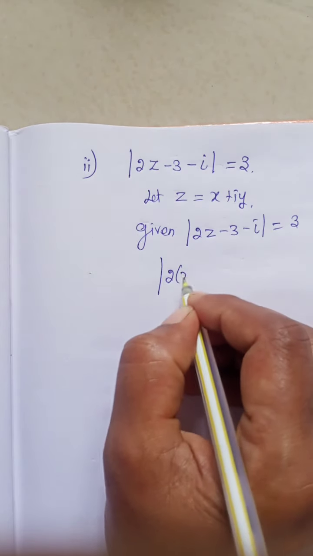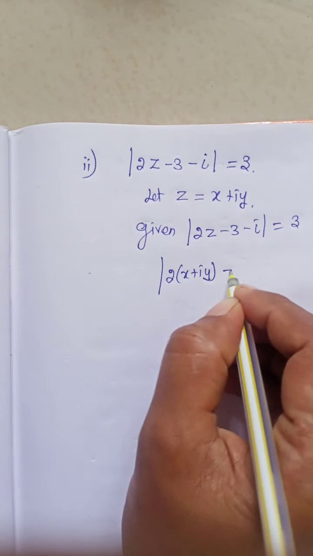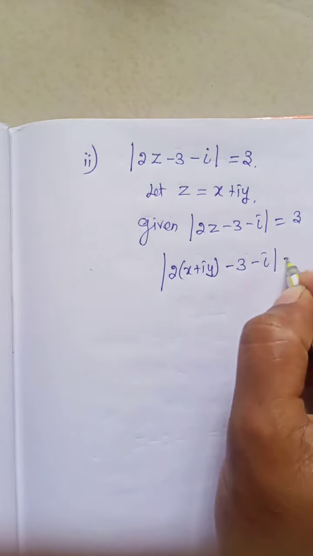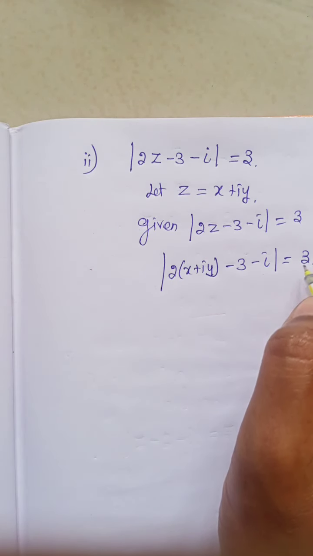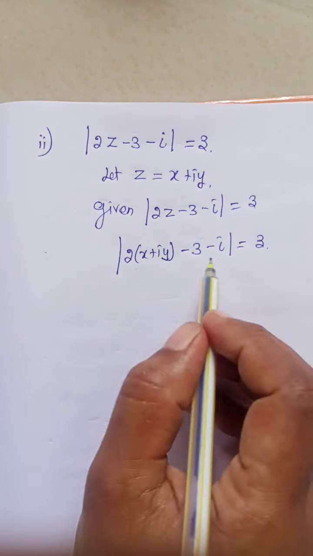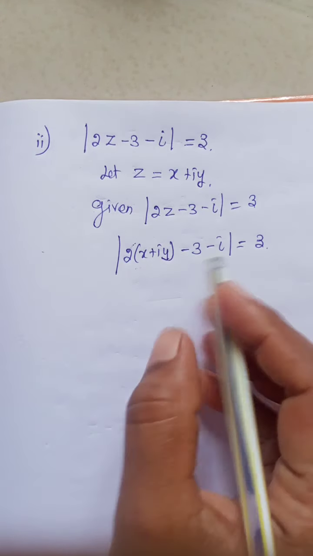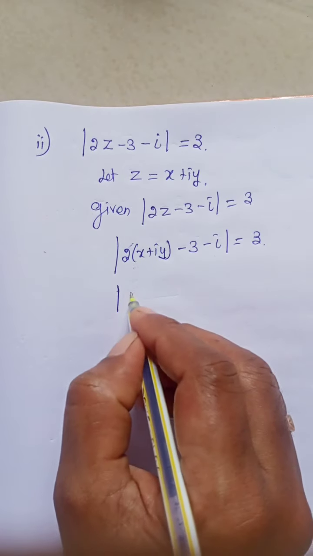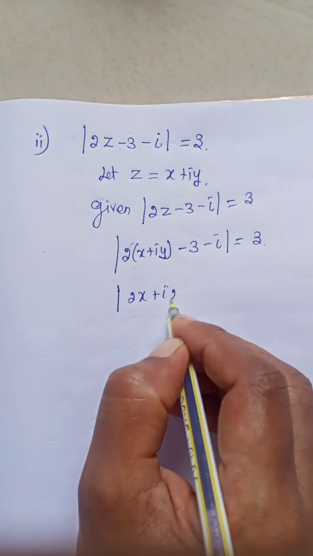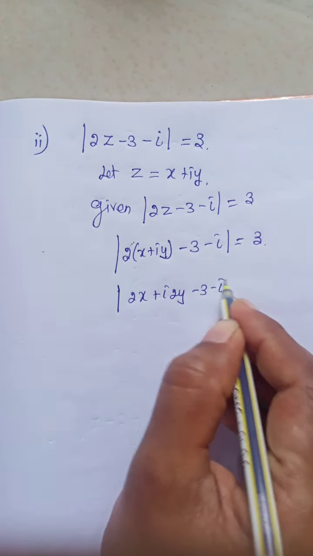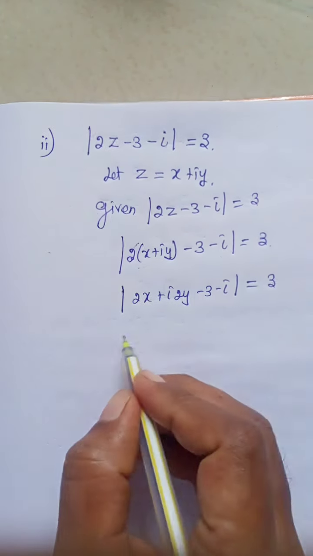Substitute the value: 2 into x plus iy minus 3 minus i is equal to 3. So, first we have to bring this in separate real part plus i into imaginary part. Multiply it by 2: 2x plus i into 2y minus 3 minus i is equal to 3.